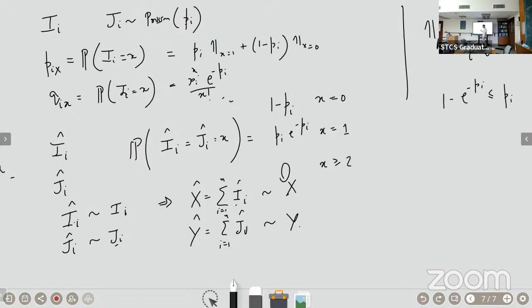What if they are dependent on each other? I'm not giving you anything about the joint distribution of I1 hat and I2 hat. If I make them independent of each other, will this be true? X is just a summation of independent I's. By definition, X is a summation of independent I's.